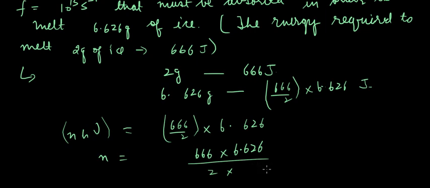H would be 6.626 into 10 raised to power minus 34 joule second, and nu, or frequency, would be 10 raised to power 13 second inverse. Using this you can easily calculate the number of packets, or number of quanta, of radiation required. So do the math and find out the number of packets required.